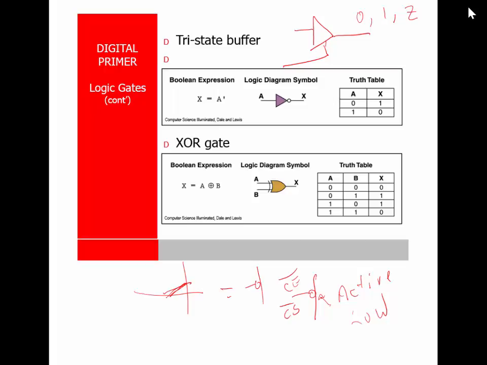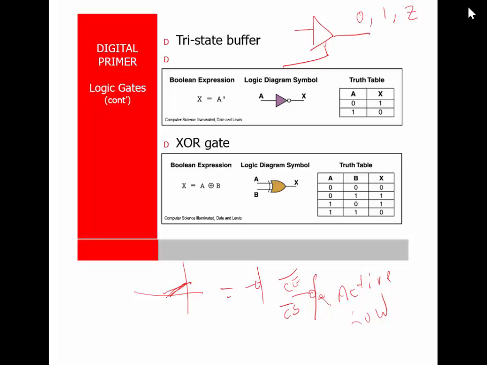So when you look at adders, the XOR is very common, because when you add two binary numbers, just looking at one bit, 0 plus 1 is 1, 1 plus 0 is 1, 1 plus 1 is 0 with a carry out.